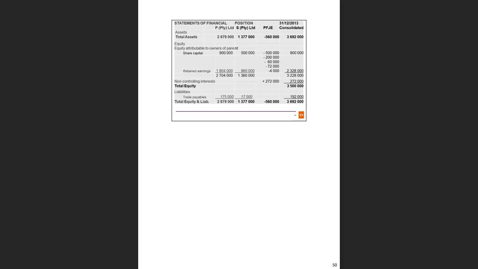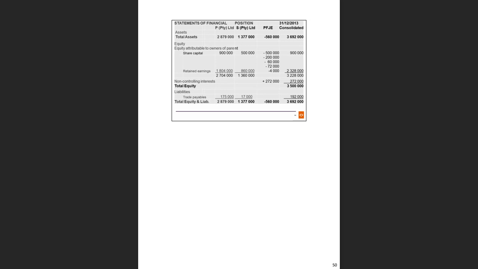So remember, we had 4,000 Rand relating to the amortization of Goodwill. We processed that pro forma journal entry. That 72,000 was the non-controlling interest share of current year profits. The 60,000 Rand was NCI's post-acquisition retained earnings amount.